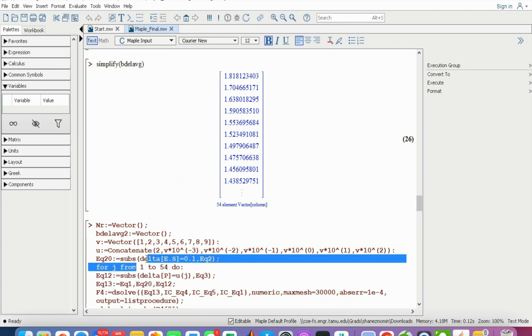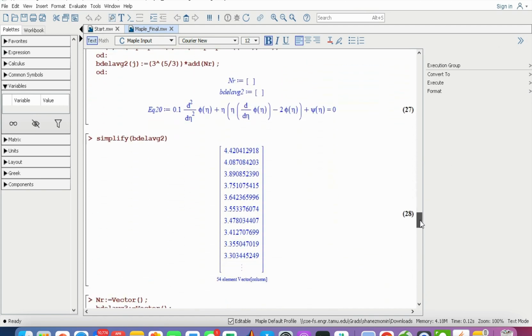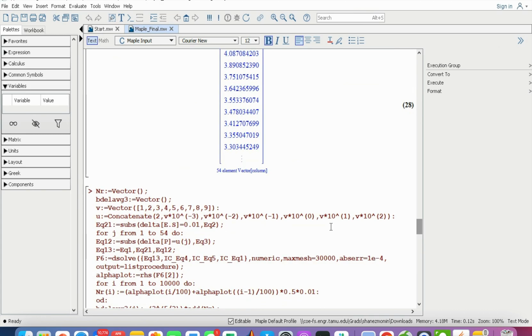Over here, for our B del average, the delta ES value used is 0.1. In this case, we use delta ES value as 0.01, and initially we had used a delta ES value of 1.